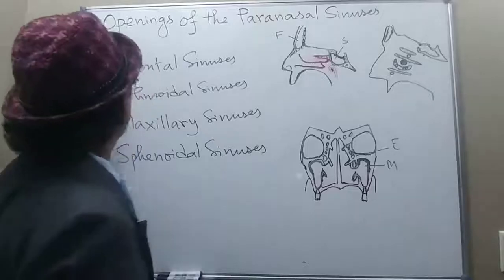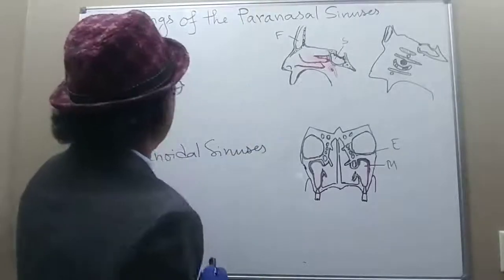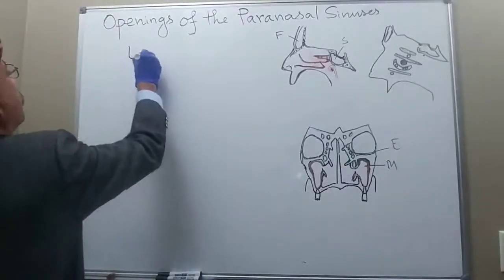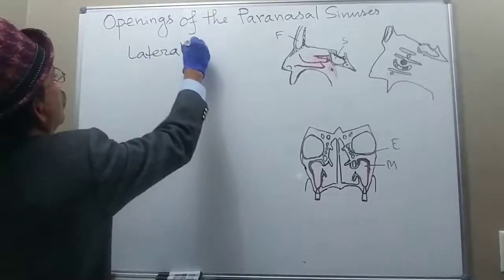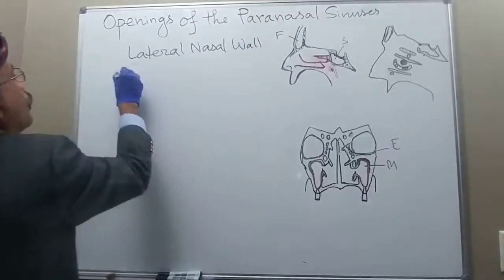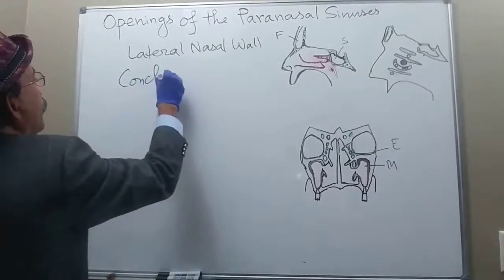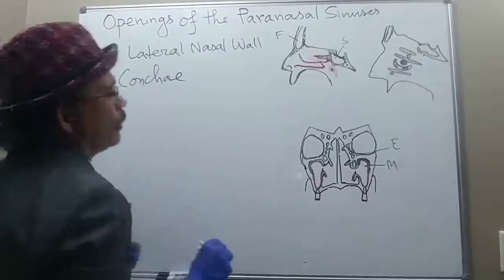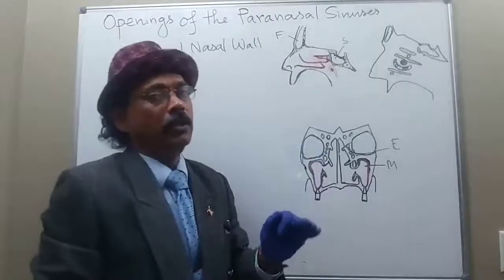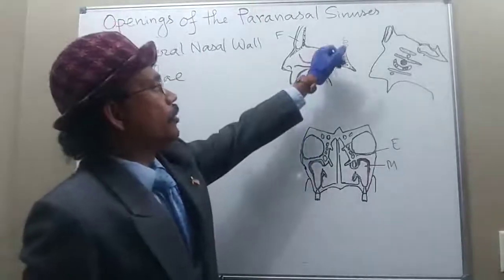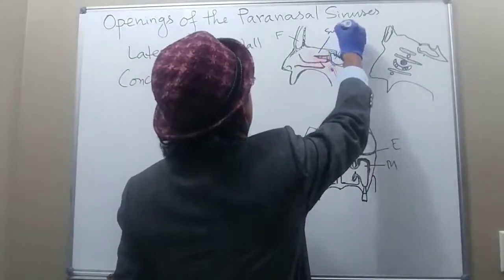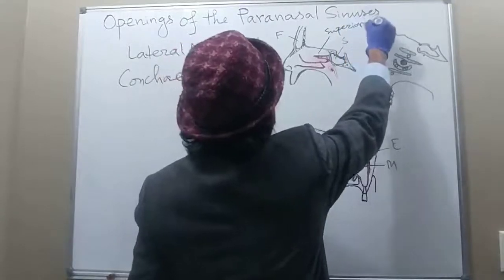Okay, so if we go to the lateral nasal wall, we have concha. These are also called turbinates, nasal turbinates or concha. These are shell-like bone. This is the superior concha.